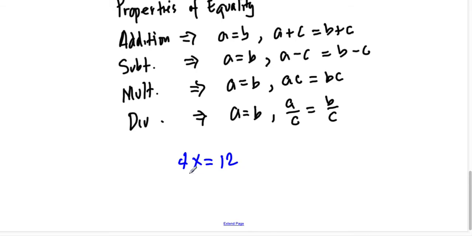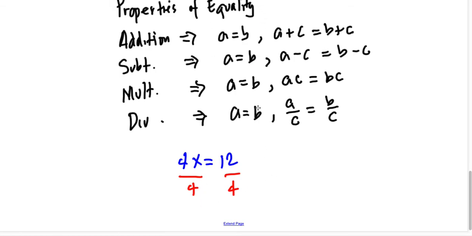In order to undo multiplication, we need to use the inverse operation, which is division. So in order to undo 4, we need to divide both sides by 4. Whatever you do to one side, you do to the other side.